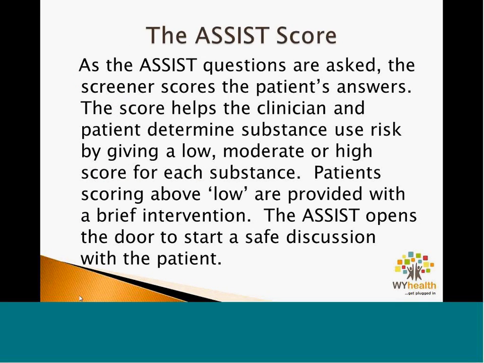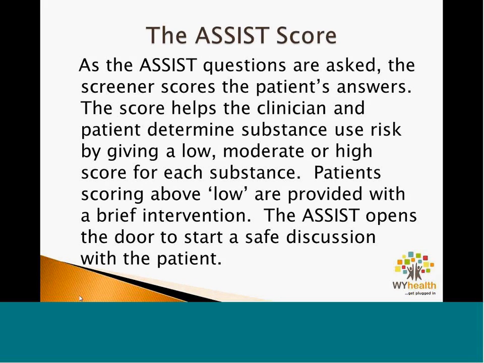When these questions are asked, the clinician then scores the patient's answers. This score, which we've already talked about, helps the clinician and the patient both determine substance use risk, because it gives a low, a moderate, or a high score for each substance that's screened for.